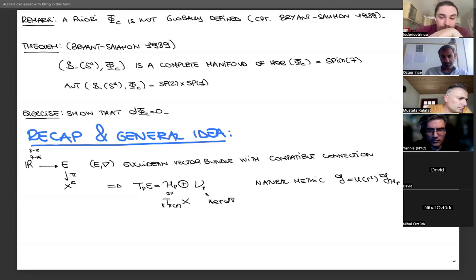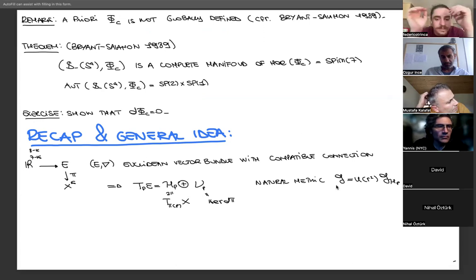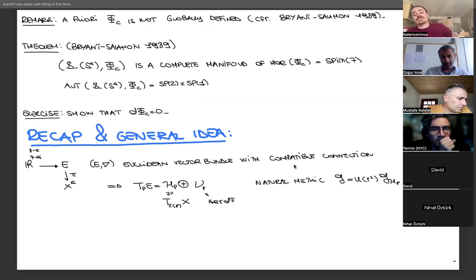This decomposition will play the same role as the decomposition of R^7 as R^3 plus R^4, or R^8 as R^4 plus R^4, that I mentioned in my last lecture. And the metric that we induce is just a conformal change of metric of the horizontal space and a conformal change of metric of the vertical space.